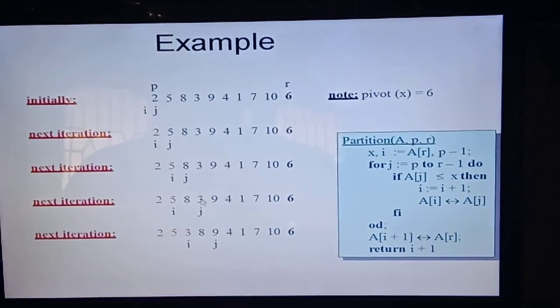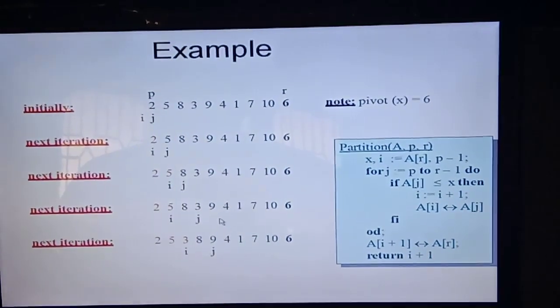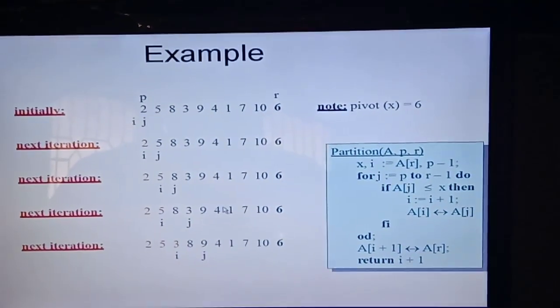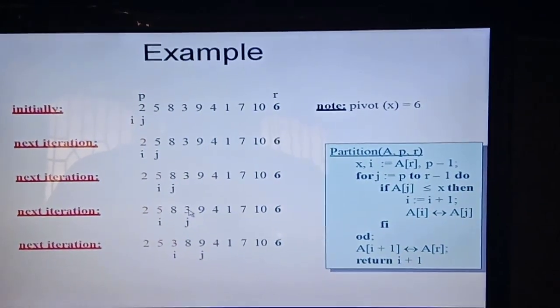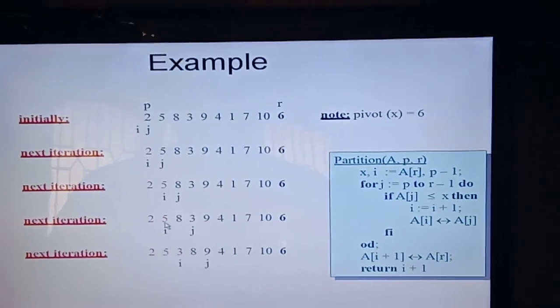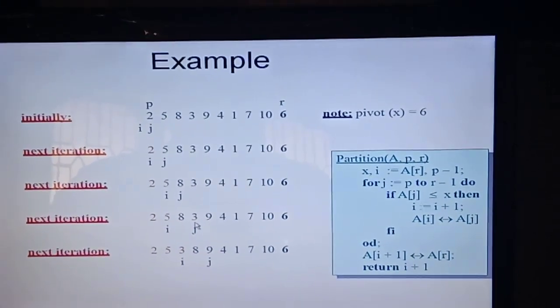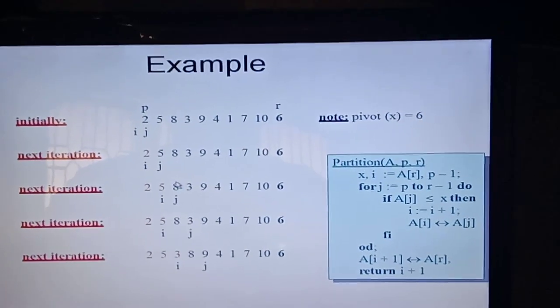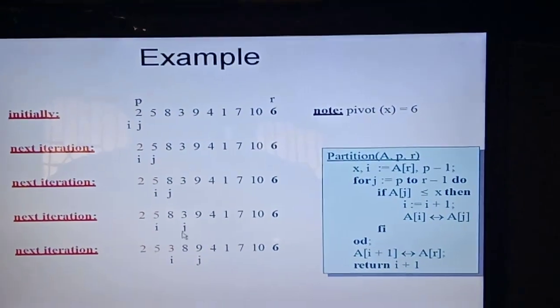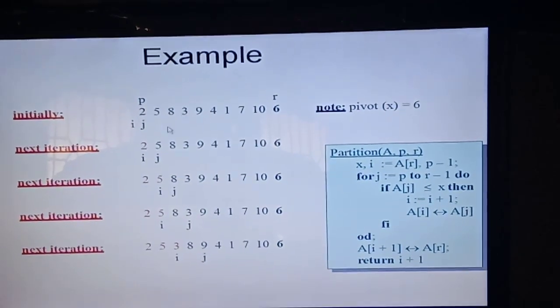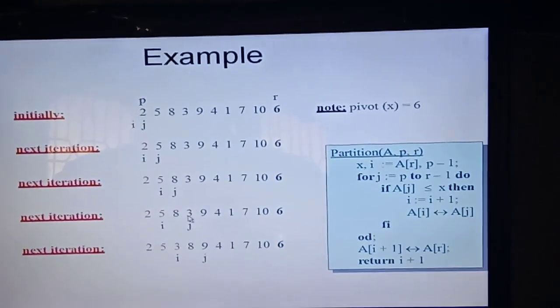So here the next element in j is greater than 6. Then you can swap, incrementing j from 3 to 5, and 5 comes to the place of 3. That is, you swap the elements by incrementing.